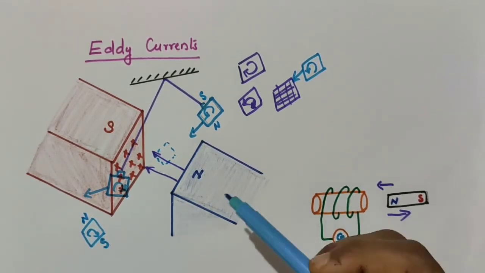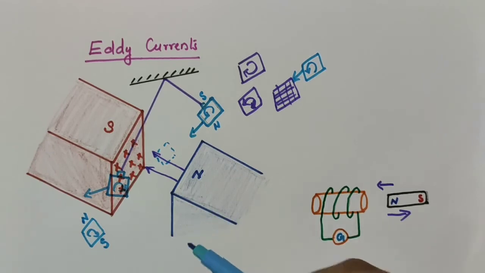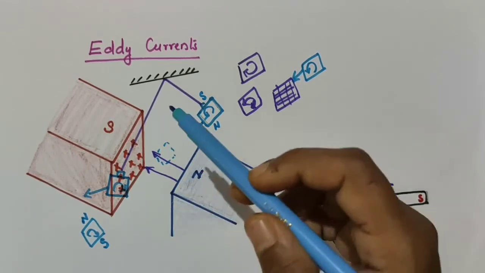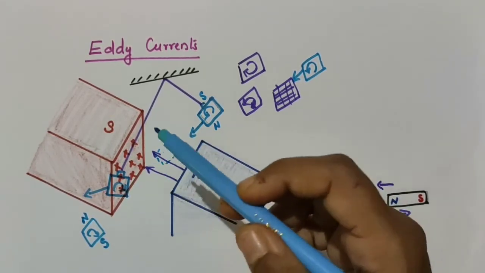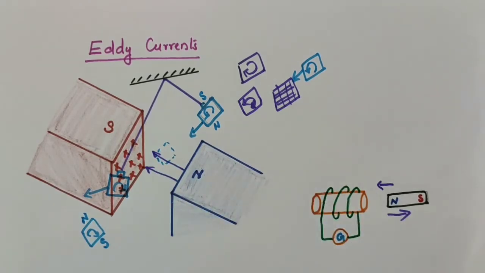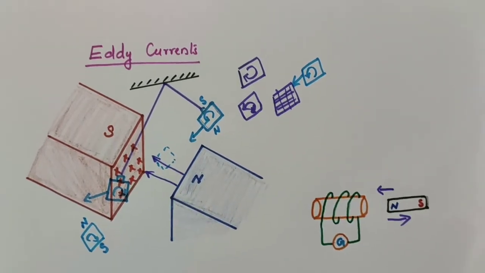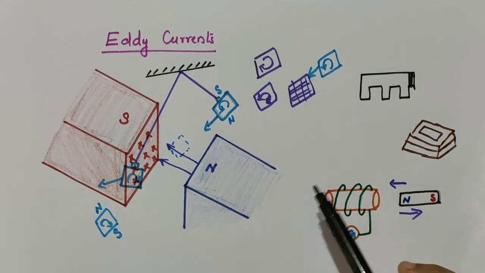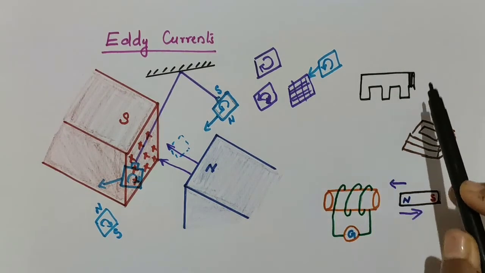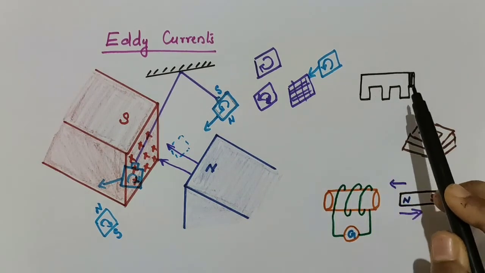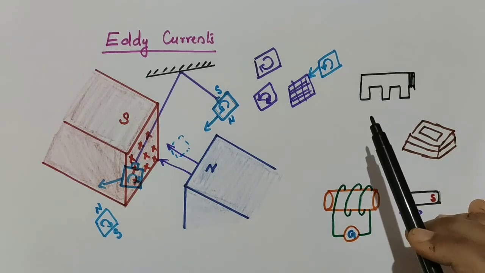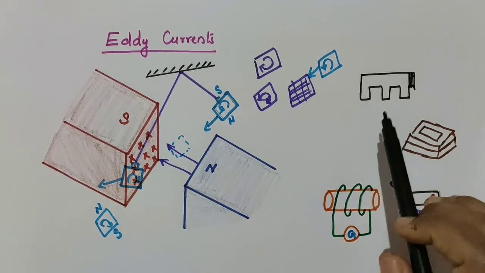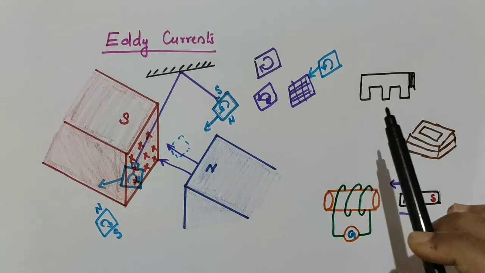So I hope you understood eddy currents and why the motion of the copper plate is a damped one and why this copper plate comes to a halt in the magnetic field. Now, if rectangular slots like this are made in a copper plate, then the area available to the flow of eddy currents is less.